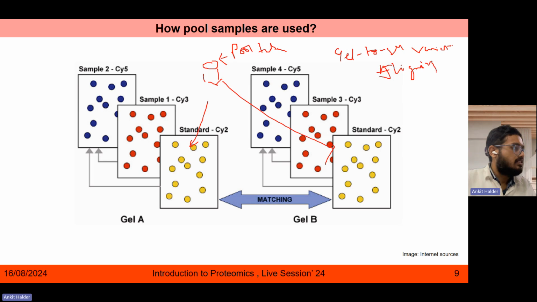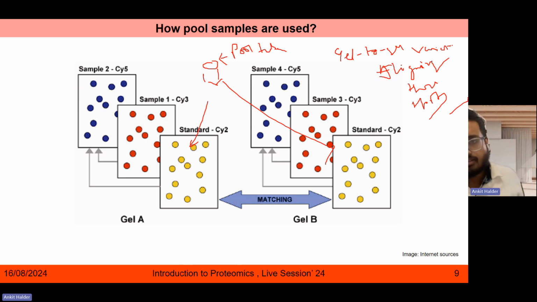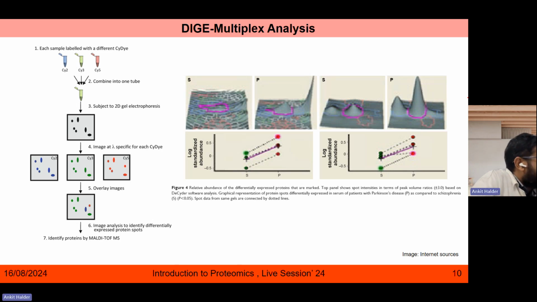By aligning those spots, we get an exact replicate, an exact understanding, and we can normalize the other spots as well and reduce the technical variation. So this is how things happen in our DIGE multiplex analysis. This gives you a broad overview of how things happen.